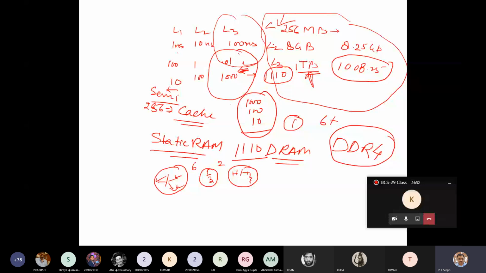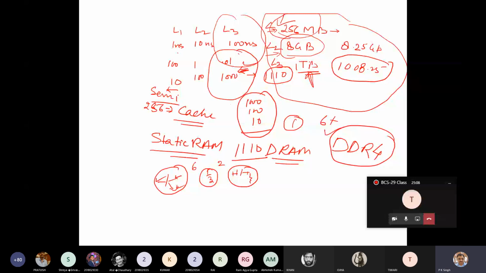So here you may ask why we use this 256 megabyte of RAM, why we don't use this? Because both are semiconductor memory, but there is a difference in the access speed. This is dynamic RAM, and it needs refreshing.